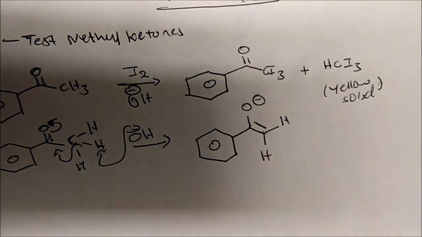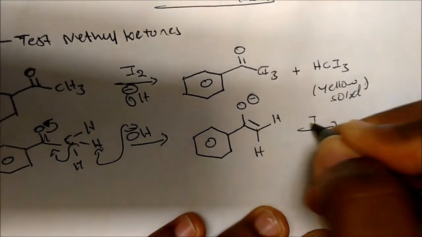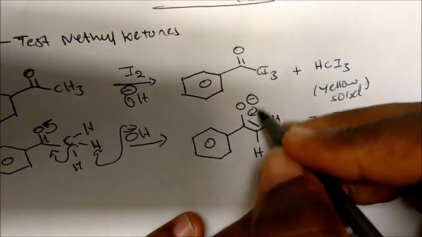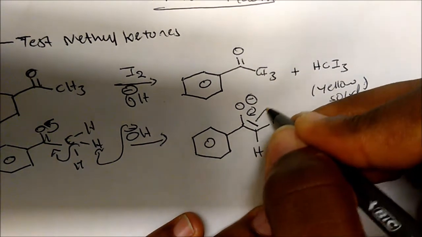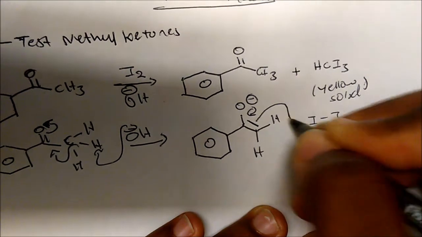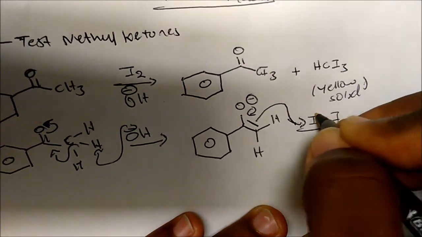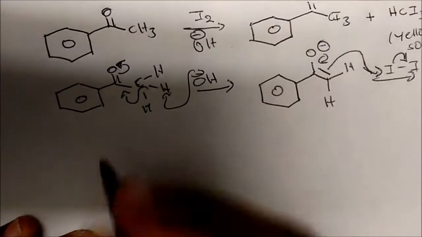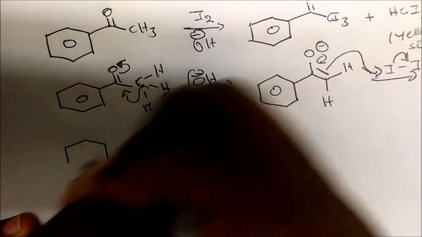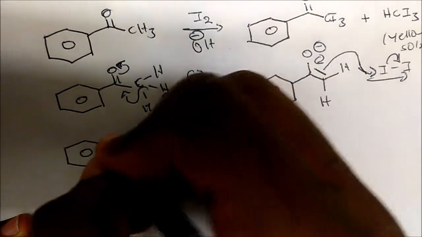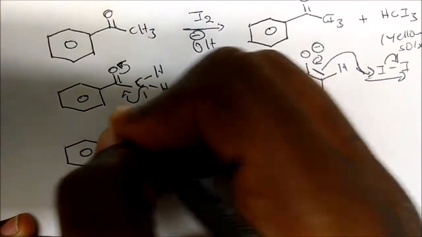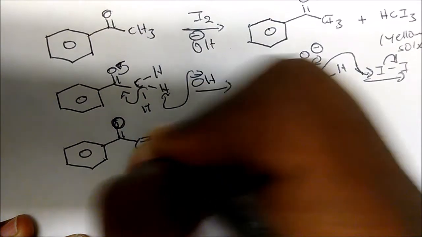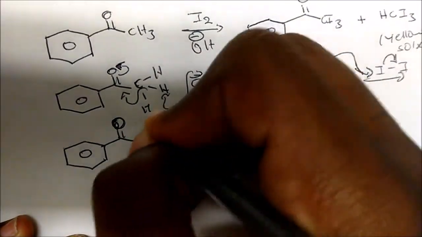Now in the second step, I2 will come in. These electrons will come down to form the ketone and act as a nucleophilic attack, grabbing the iodine and expelling the other iodine atom. In this case, we have our ketone, and now we've substituted: the carbon has an iodine and two hydrogens.